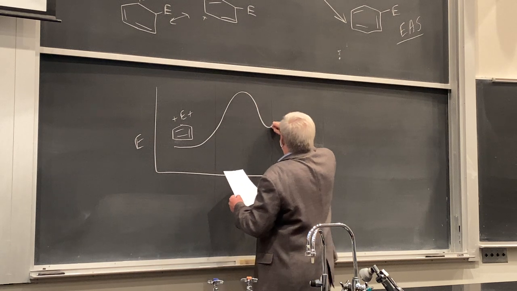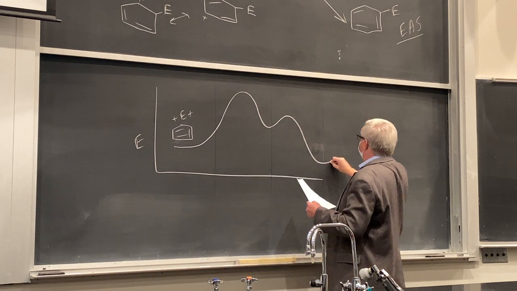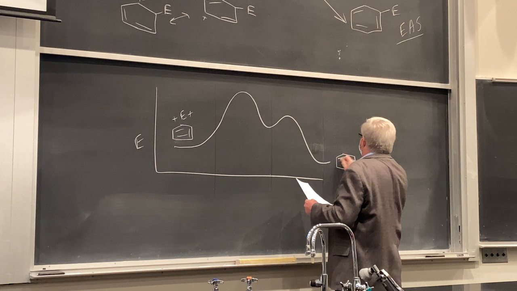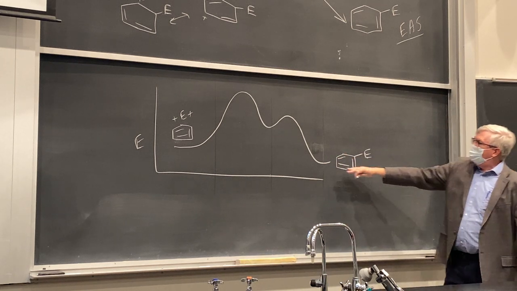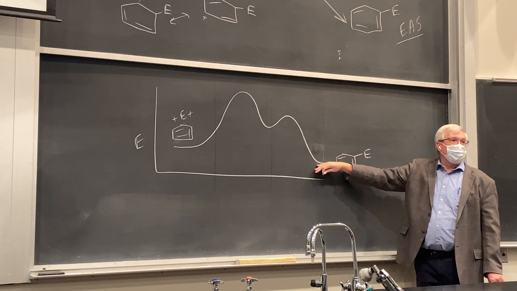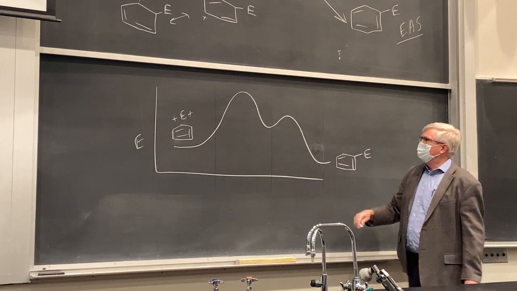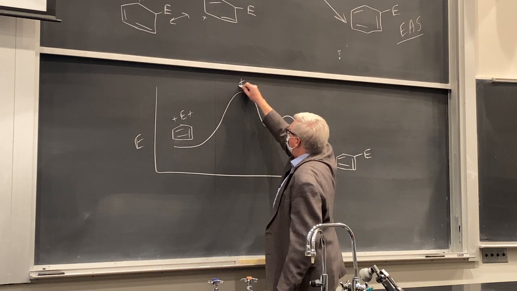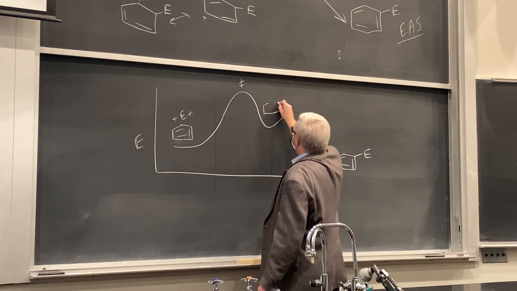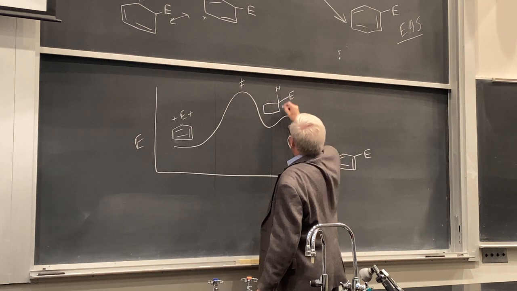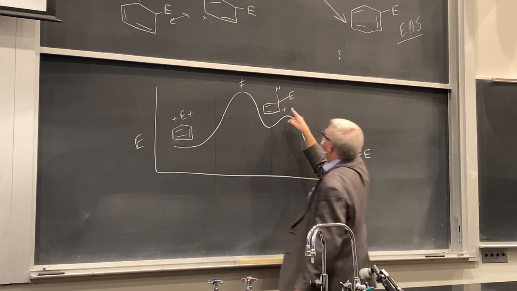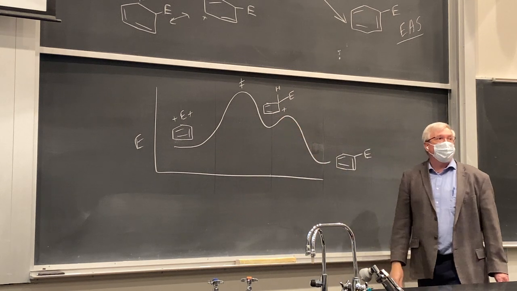We're going to go up to our pentadienyl intermediate, and then down to the product. The product is more stable than the starting material, so thermodynamically we're going downhill. But we're going uphill, a slow step here, to put on what? Put on the electrophile. So there's our intermediate.